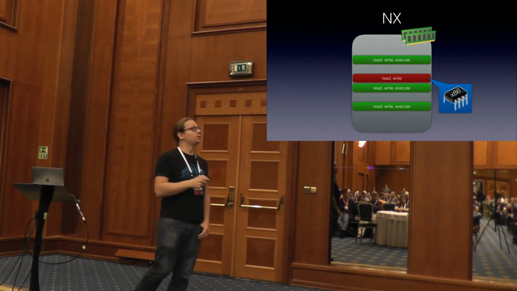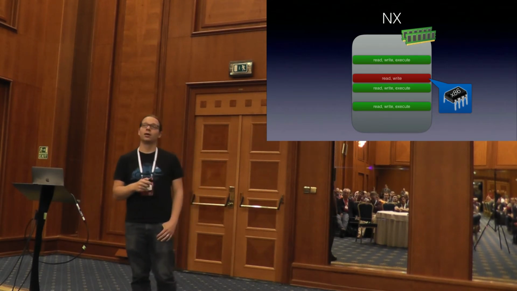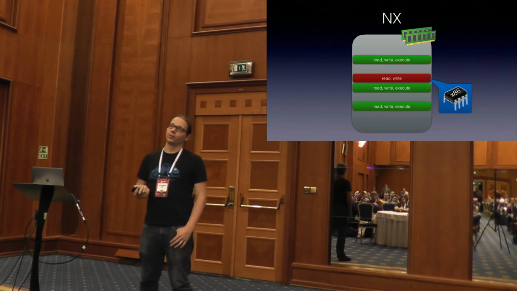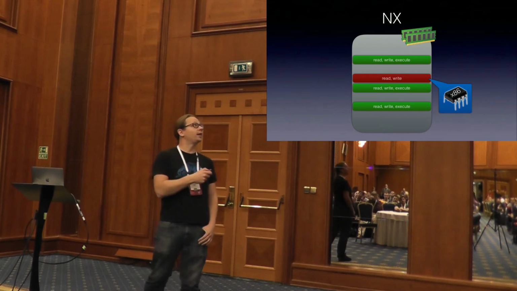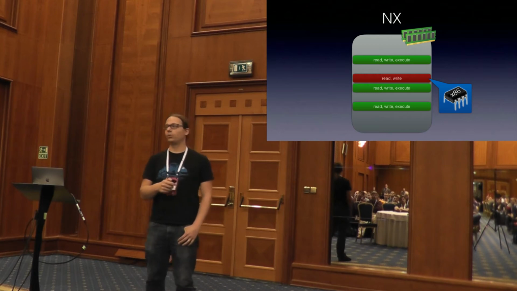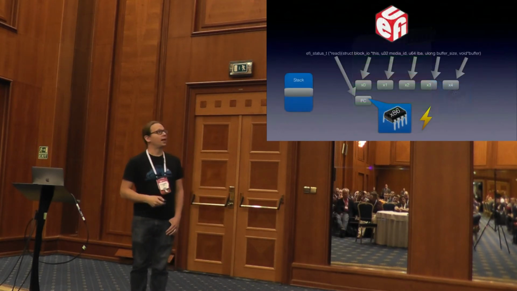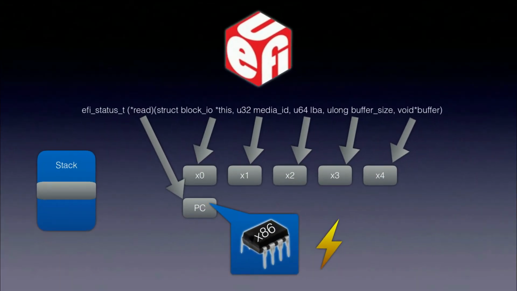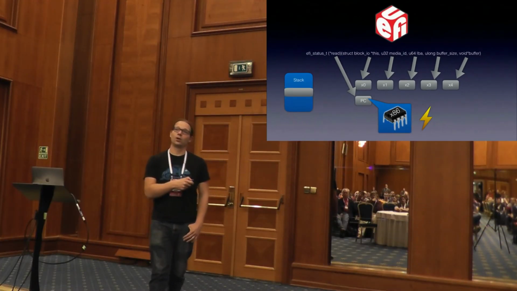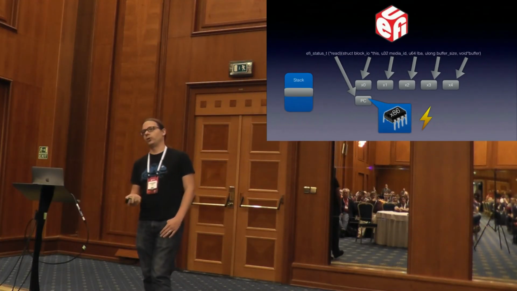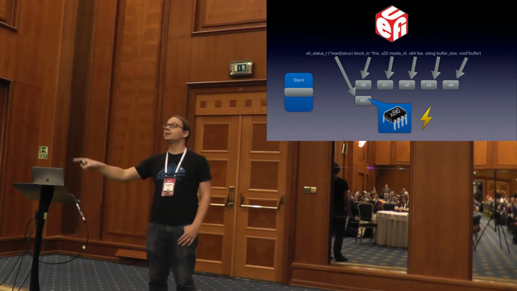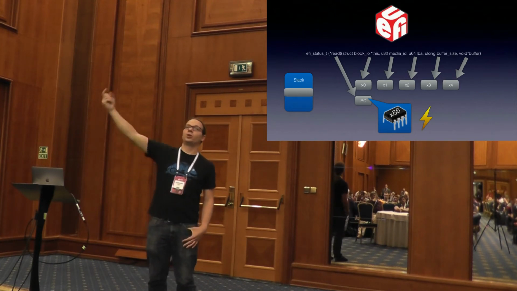But we can use it in this case too, because if we just declare our x86 code to be in a NoExecute region, it means that once we are now changing the program counter to go to x86, the CPU will say, oh, sorry, no, you cannot execute that region because it's not executable, and will generate a fault.